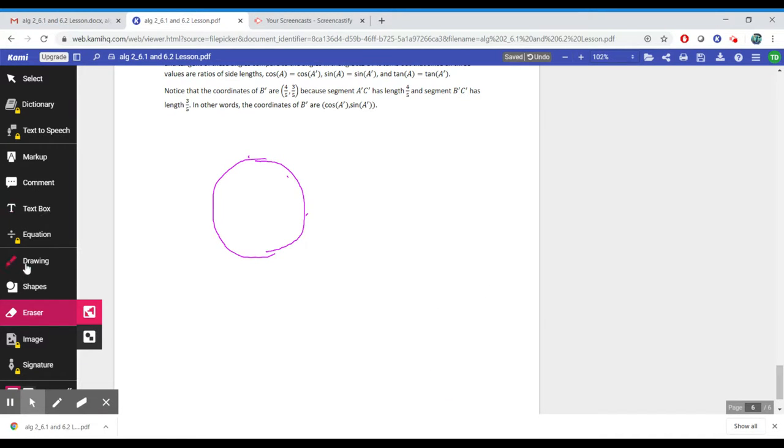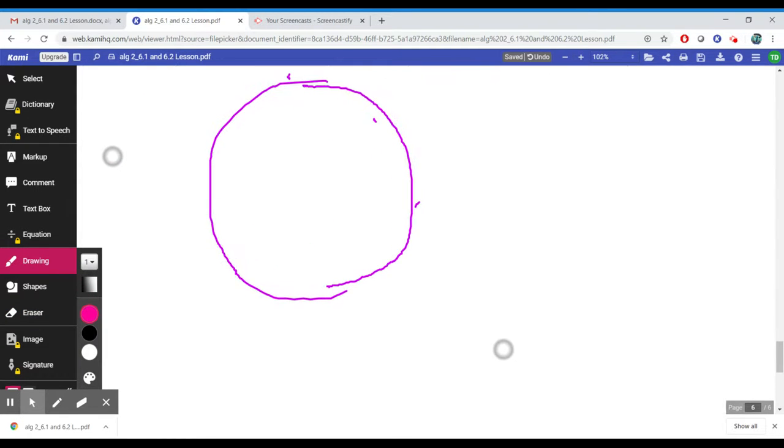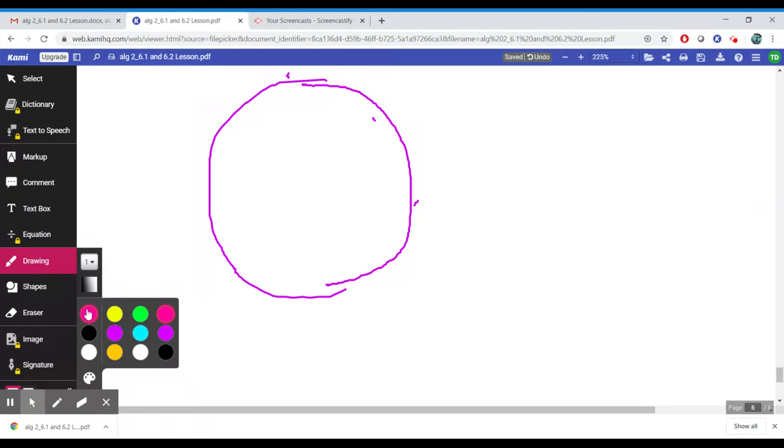We know that the time is 3:15. So at 3:15, both the second hand and the minute hand are going to be pointing directly to the right. I'm going to use purple for my second hand, so it'll be the same color as the rest of the clock. And then I'll use this pink shade for my minute hand.